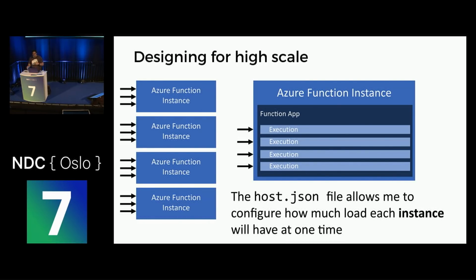If for some reason we've gotten the math wrong, you're using some of the monitoring like I've just shown you, and it looks like we're overloading an instance, like its memory utilization is bad, or it's starting to time out or get overwhelmed, we give you this configuration file, called the host.json file, where you can tell us how much data we can push to a single instance. That will allow our scaling to compensate for it and scale out appropriately, okay?